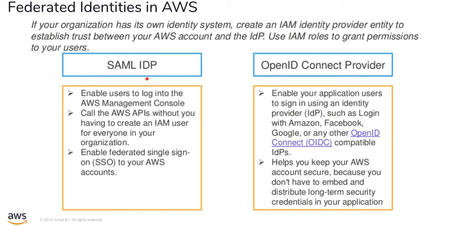One is SAML 2.0, or if your company's corporate identity provider is not SAML 2.0 compliant, you might have to build a custom identity broker by yourself and use the single sign on capability. You could also use the OpenID Connect provider, as a lot of companies are using these OpenID Connect compatible IDPs.